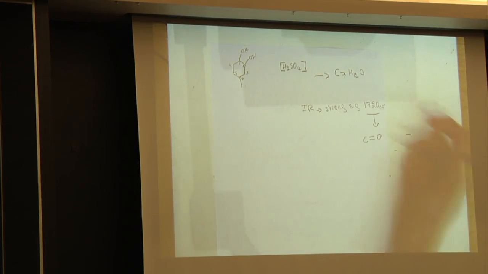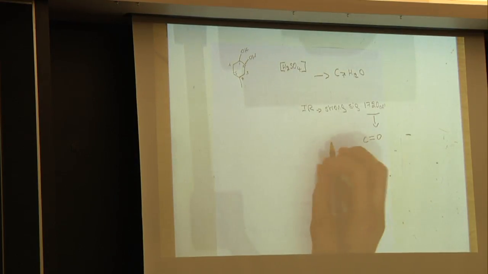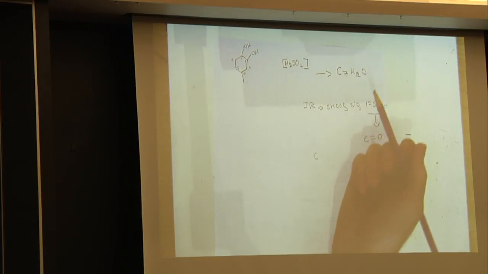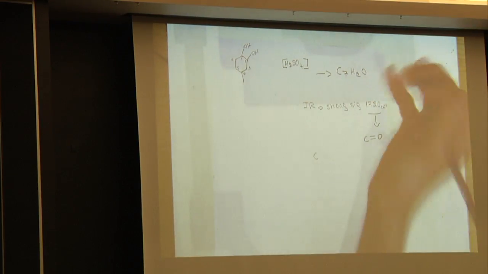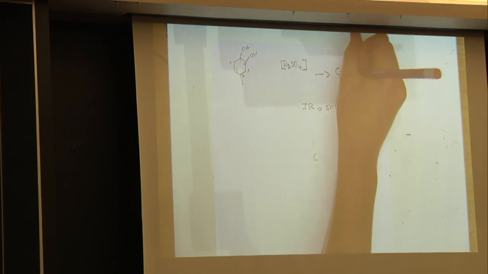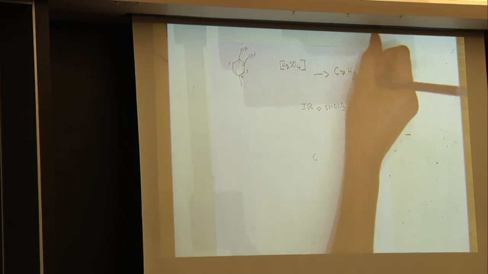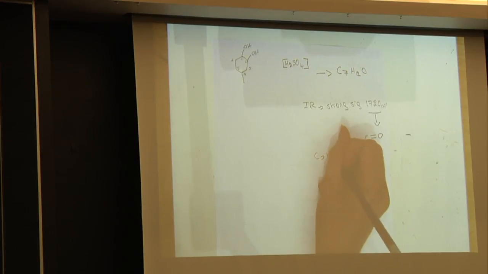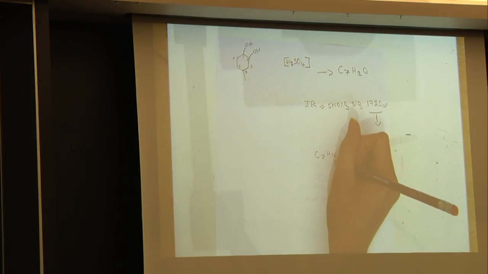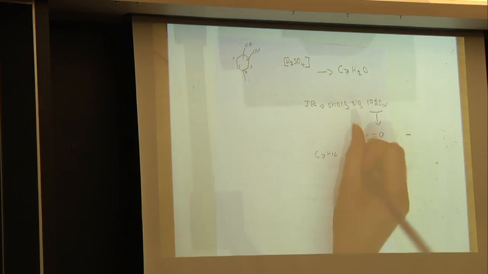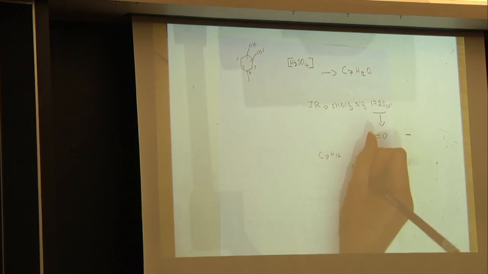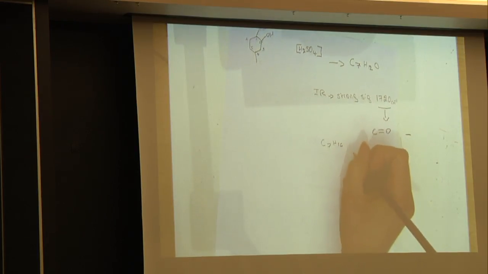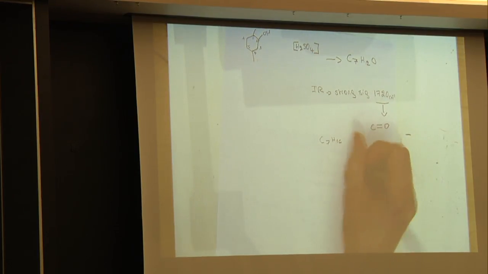So C7H12. I know that if it was a simple alkane with no double bond, no rings, I would have C7H16. However, I have 12. So I'm missing 4 hydrogens. So what is my HDI? Yeah, it's 2.